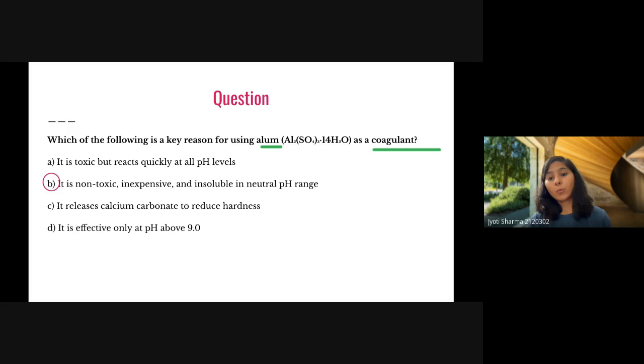We have a lot of chemicals that we can use as a coagulant. One of them is alum. And why we are using alum in a large quantity is because it is non-toxic, inexpensive, and insoluble in neutral pH range. That's why most of the time, or popularly, we are using alum as a coagulant.